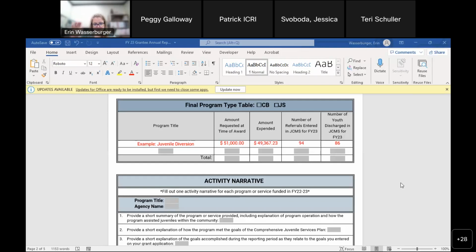Those agencies need to complete one for their JS grant and submit it, and then also work with the project lead for the county to get the CB1 submitted. So if it's the same program, it's going to be duplicative, but for those in that situation, we haven't figured out a workaround for that just yet.